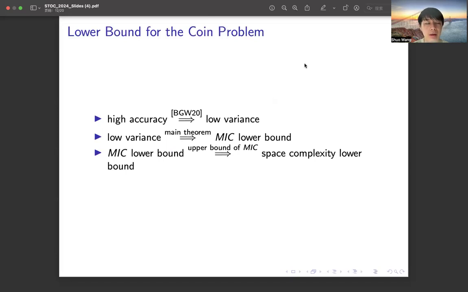And a lower bound for the multipass information complexity together with the upper bound would imply a lower bound for the space complexity, an omega log n over k lower bound.